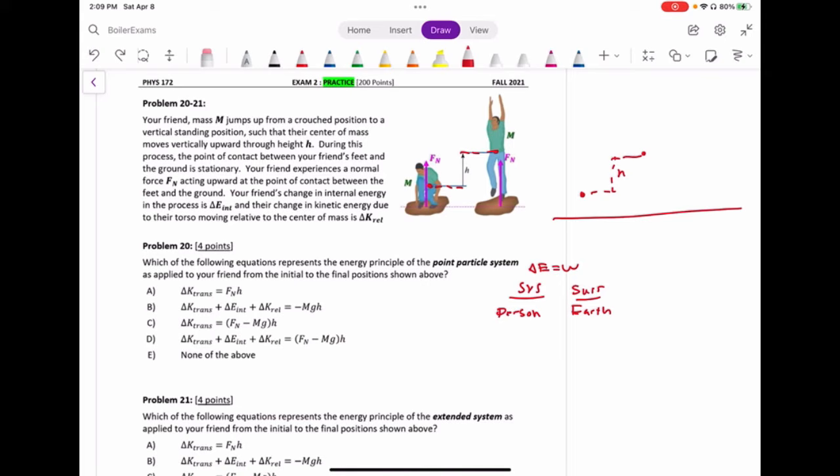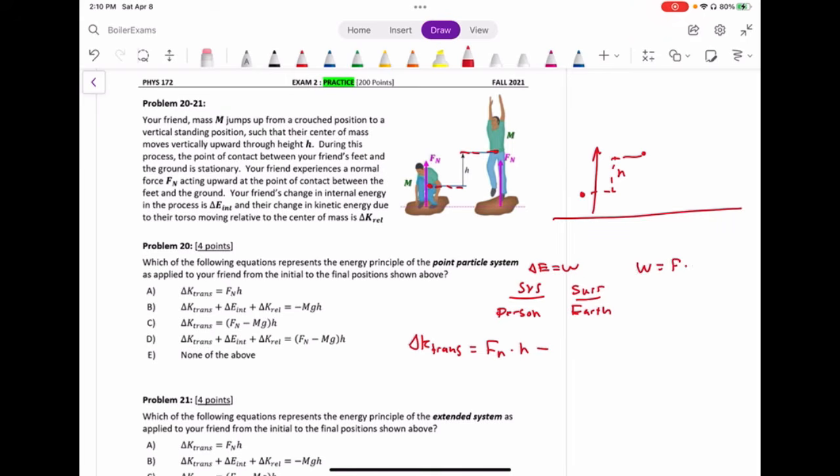That's the reasoning there. So we're going to have delta K trans equals, since this is our point particle system, we're looking at the center of mass. And our center mass moved across this distance h. And the normal force pushing up was applied to the center mass that whole time. So that's going to get included in our work. So what is that going to look like? That's going to be F normal times h. There's also work due to gravity, which is going to be negative.